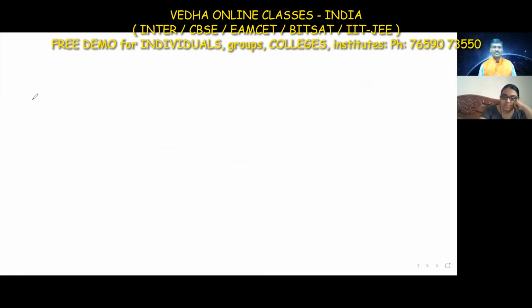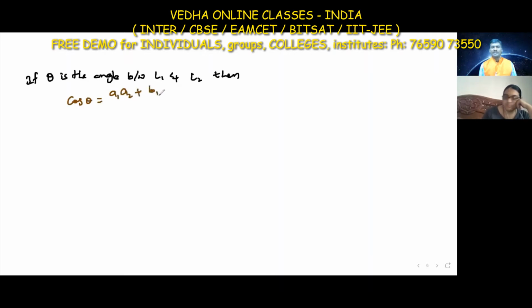If theta is the angle between L1 and L2, the normal formula is cos theta is equal to (A1 A2 plus B1 B2) whole divided by under root of A1 square plus B1 square, into under root of A2 square plus B2 square. This is the formula.